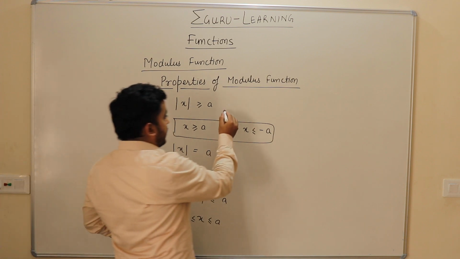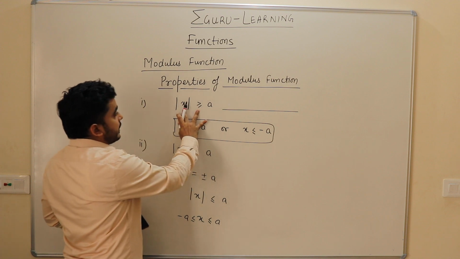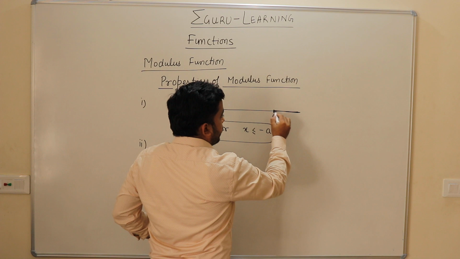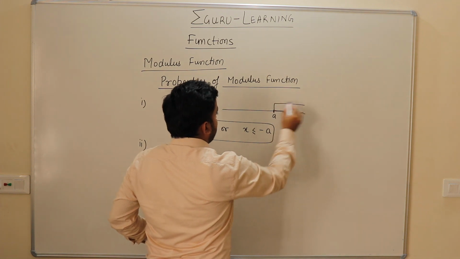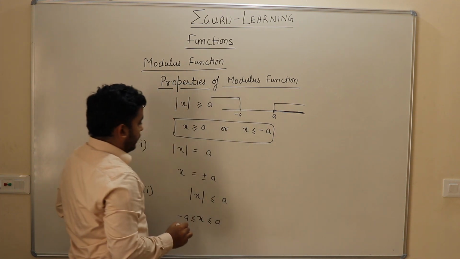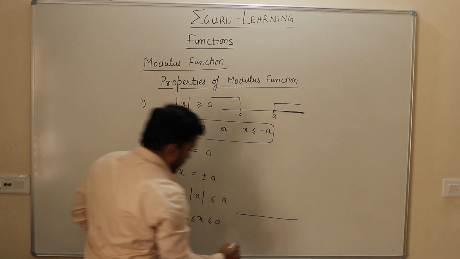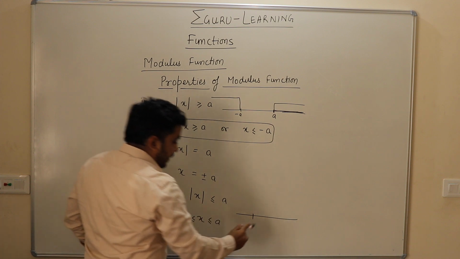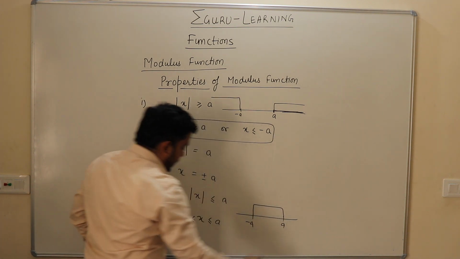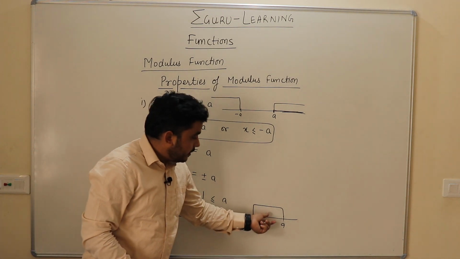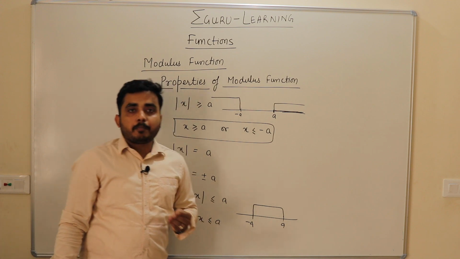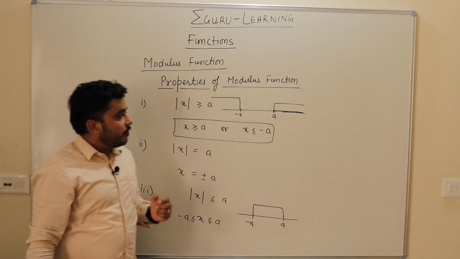Or if you want to plot the regions, when the case is mod x greater than a, this will be a. You can darken the region this side, and let's say this is minus a on this side. For the part where mod x is less than a, this is a, this is minus a, and this will be the region minus a to a. x can lie only in this region. So these are some basic properties of modulus functions.